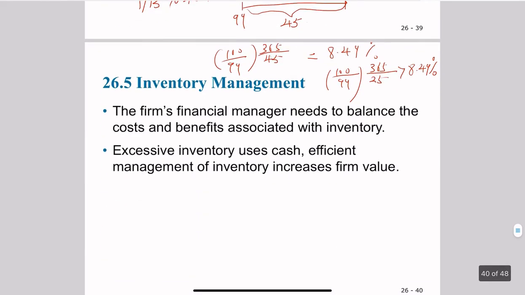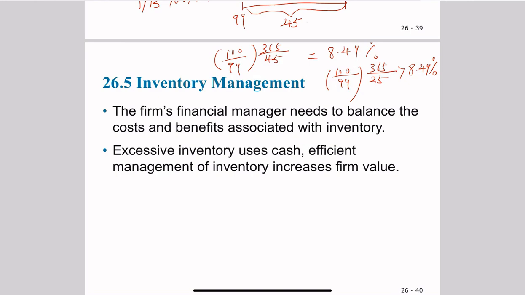Okay, now we move on to inventory. Obviously, inventory is an important part of current assets, which is an important part of working capital. So now we will discuss the costs and benefits from inventory. Clearly, as the firm's financial manager, you will want to think about this question.